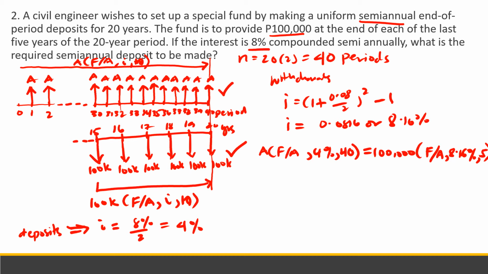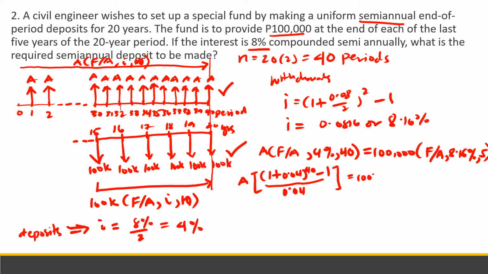Okay, so A times 1 plus 0.04 to the power of 40 minus 1 over 0.04.